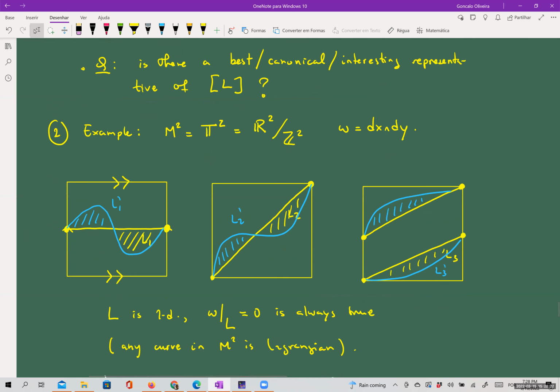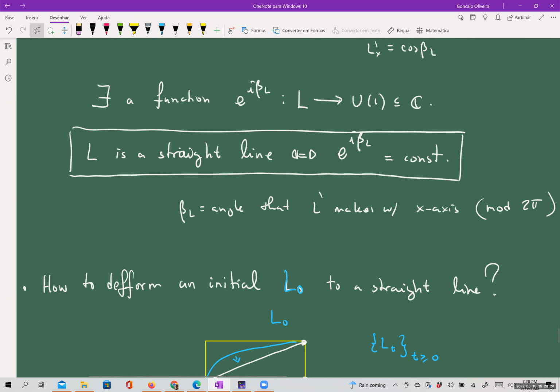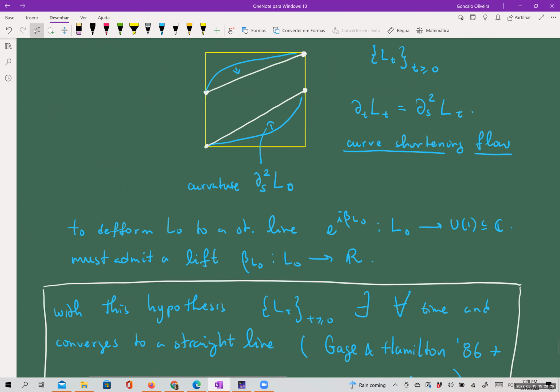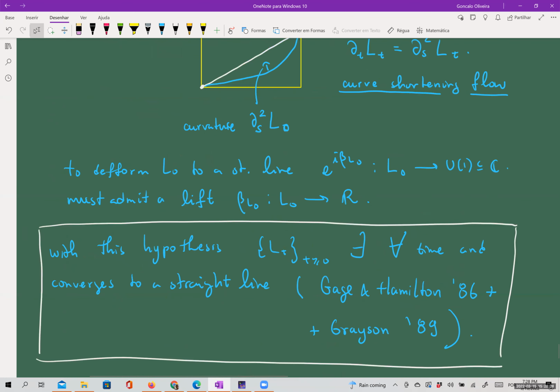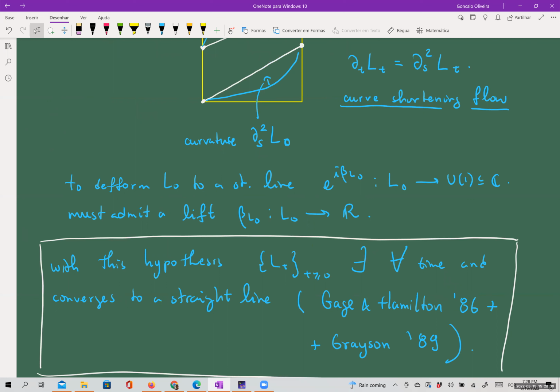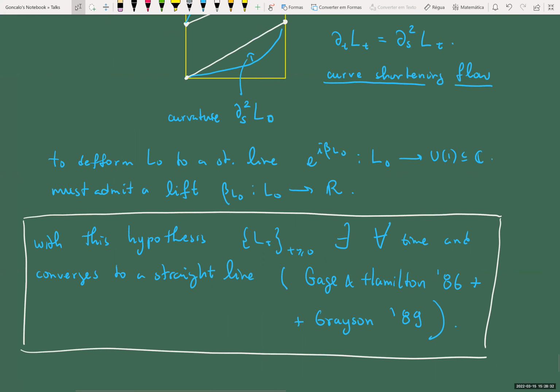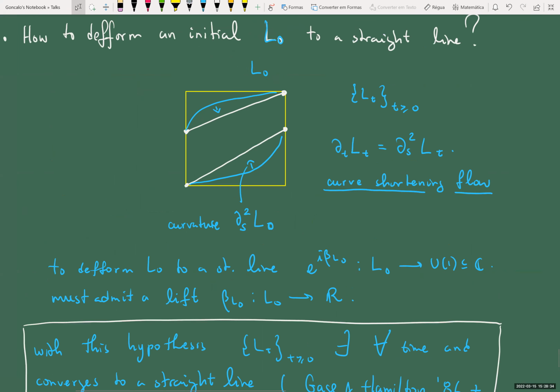Maybe here there are many people from PDEs. How does this PDE look like, in two dimensions? The PDE is written here.